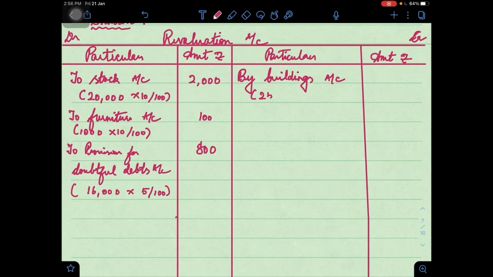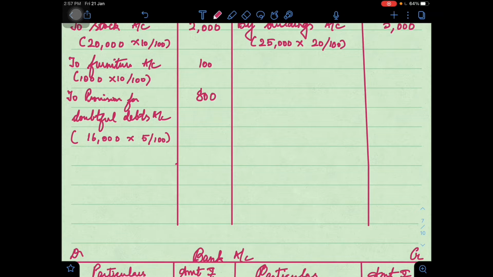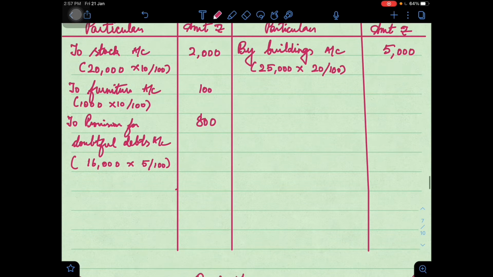So 25,000 into 20 by 100. On calculation it comes to rupees 5,000. That's all. Now let us total up the revaluation account.